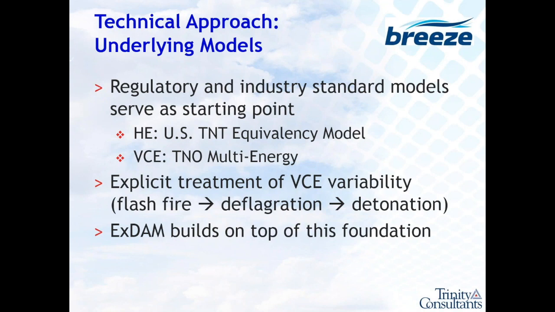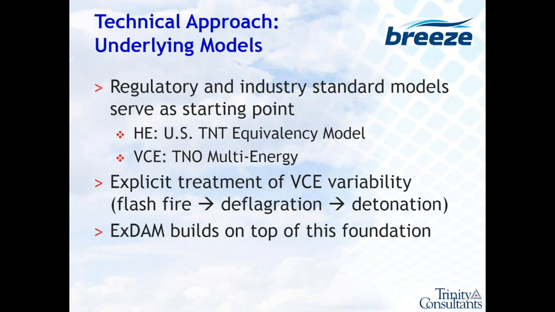So it's important to have a separate vapor cloud explosion model because vapor cloud explosions behave very differently from high explosives. One of the most important differences is, depending on the environment, how congested and confined the surroundings are. The same vapor cloud could potentially produce a variety of different strengths of explosion.